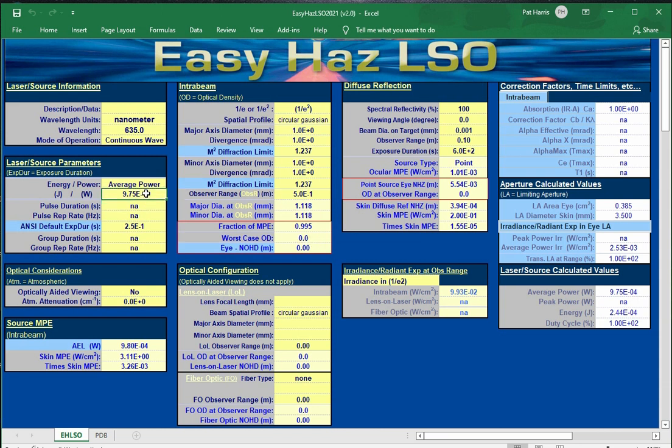So it really is 0.00098, and that's actually a little bit, we have just a little bit of an OD at observer range, but it's gotten rounded to 0, where if we, of course, go to the 1 milliwatt, we then are able to detect that little bit of OD there. I really think that's about all I want to talk about here. That's it.